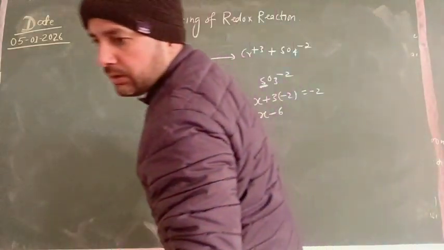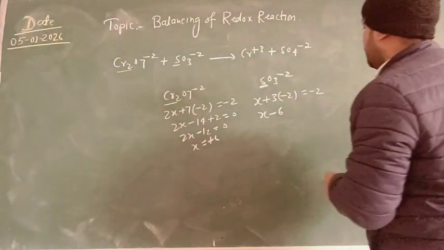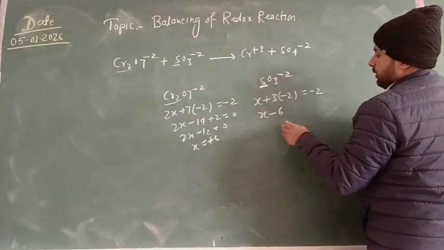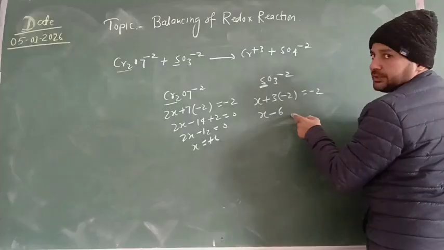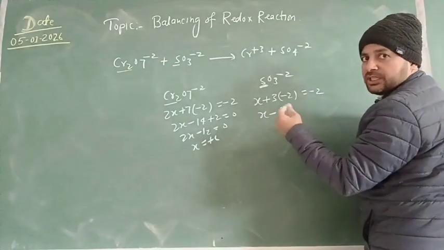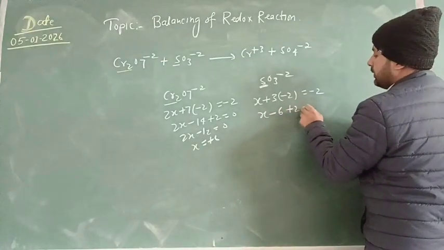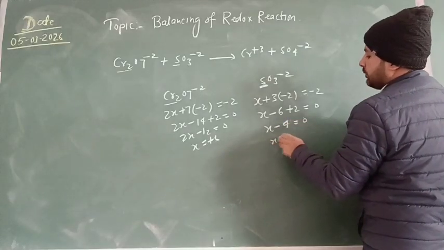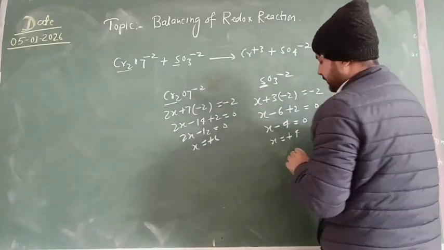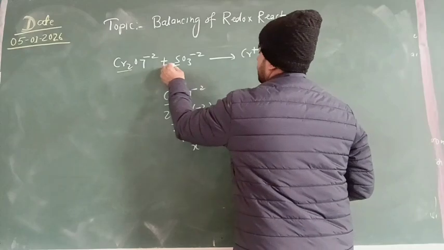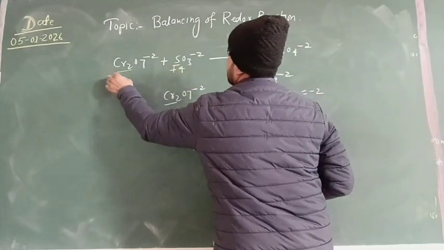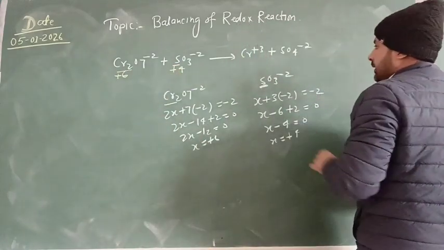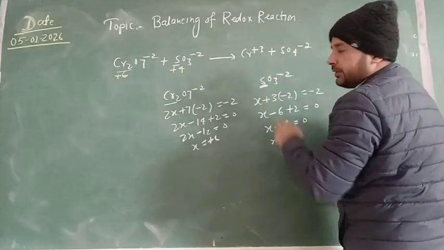Then X minus 6, minus 2, after transferring becomes plus 2, equal to 0. X minus 4 equals 0, so X equals plus 4. Here the oxidation number is plus 4. Here the oxidation number is plus 6. Here plus 3 is already given.